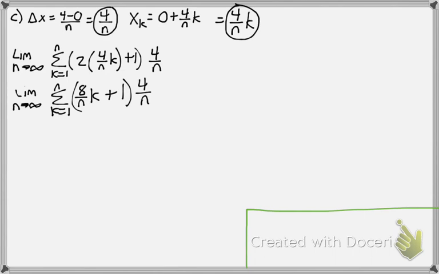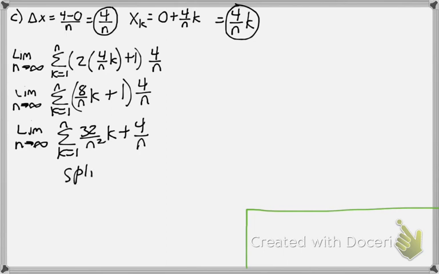Let's distribute that 4 over n. Then I want to split up the series.